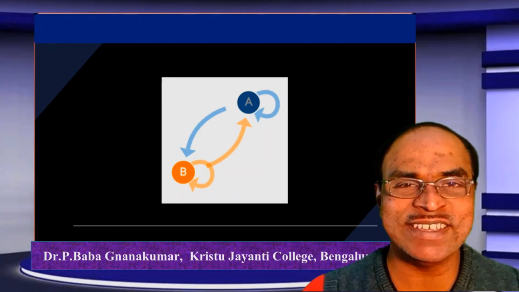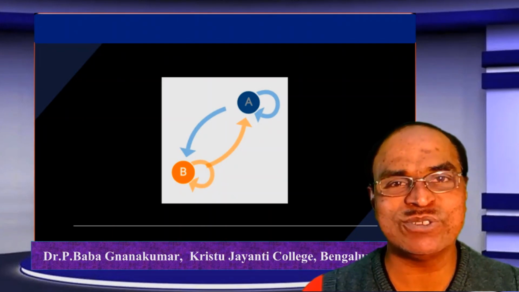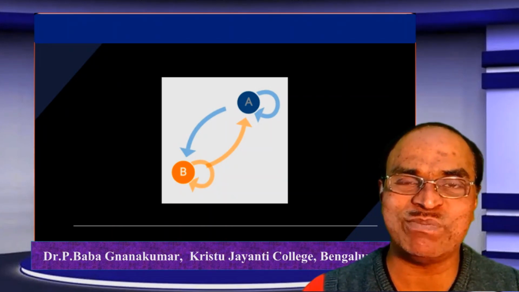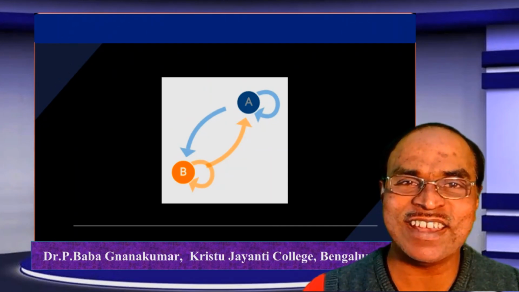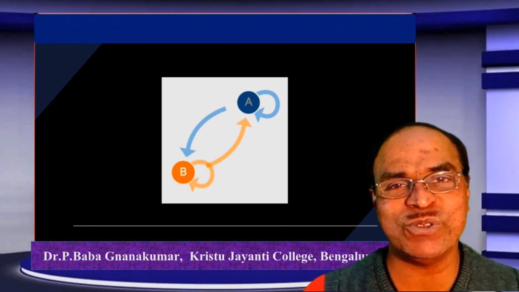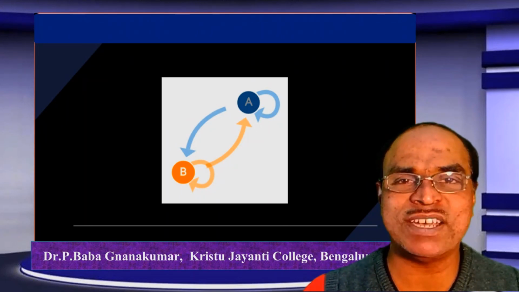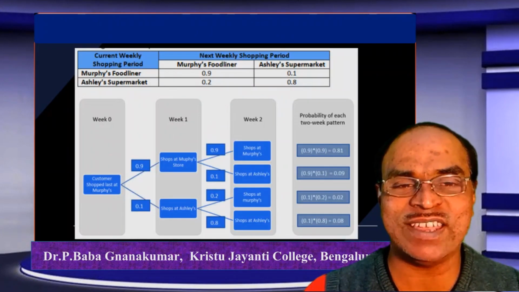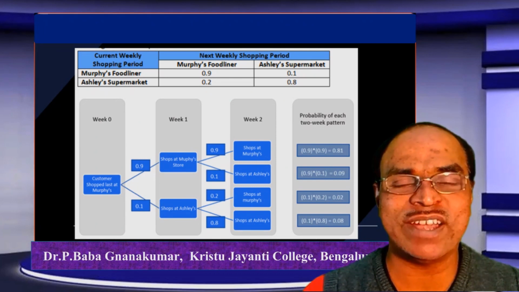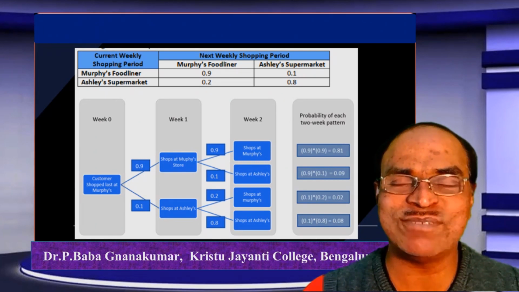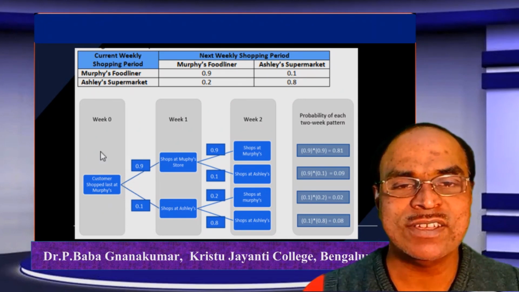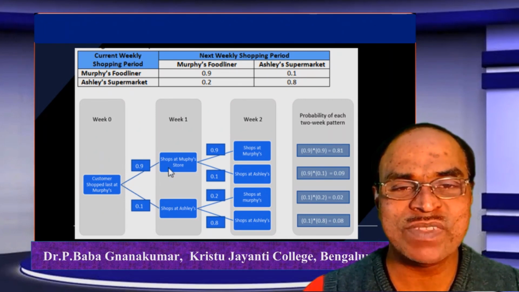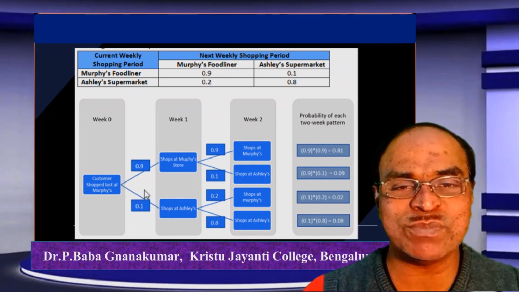That is the advantage. Usually it is used to identify the two states of probability, that is brand 1, brand 2, or retailing unit 1 and retailing unit 2. Likewise, two pairs of situations can be identified. Here is a simple example. You can see in this model how the customers are in the first week, week 0. What is the percentage of customers in one brand?